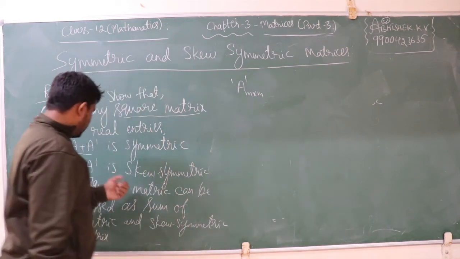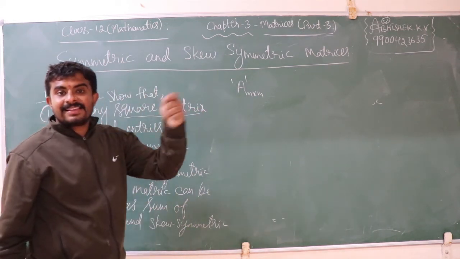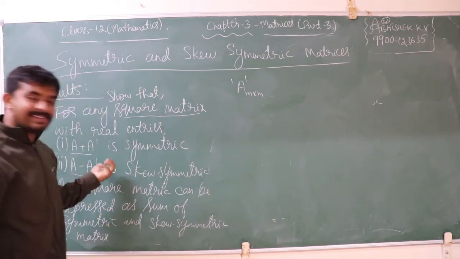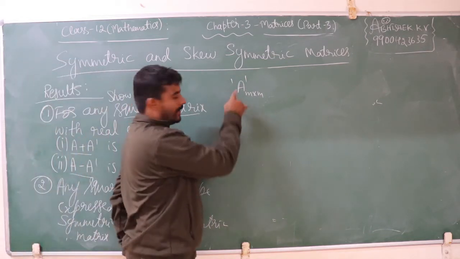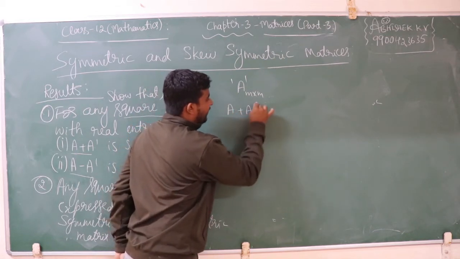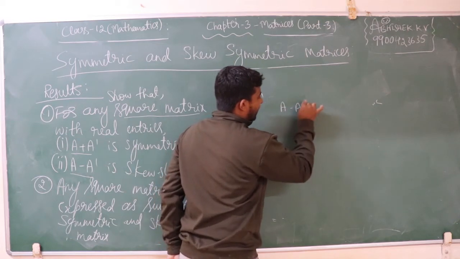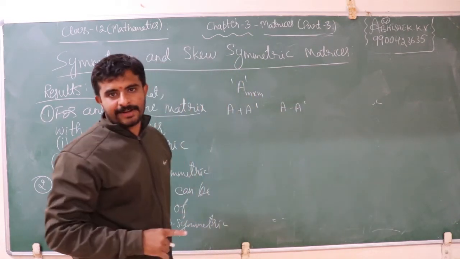Is it clear? This can be expressed as the sum of a symmetric and a skew symmetric matrix. From the previous result, A plus A transpose is a symmetric matrix, and A minus A transpose is a skew symmetric matrix.